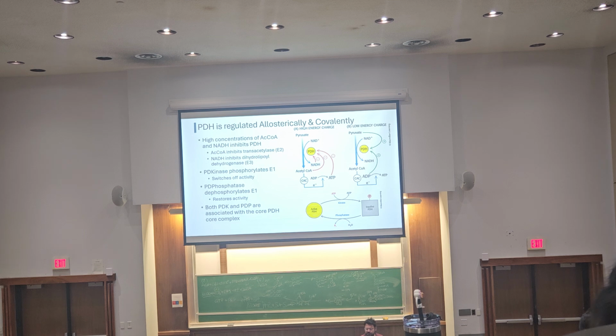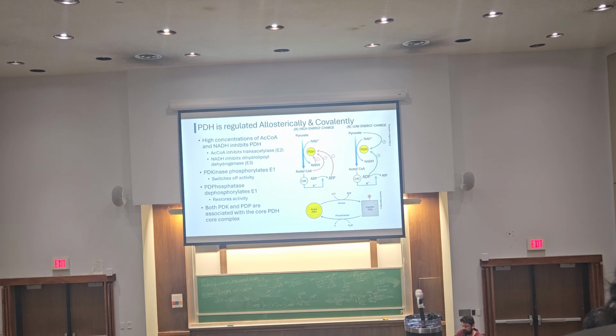When there's low levels of ATP, we want it to be active. Why is that? Okay, so would we want the kinase to be active or inactive in that case? ATP levels are low, we want PDH to be active, correct. So do we want the kinase to be active or inactive?